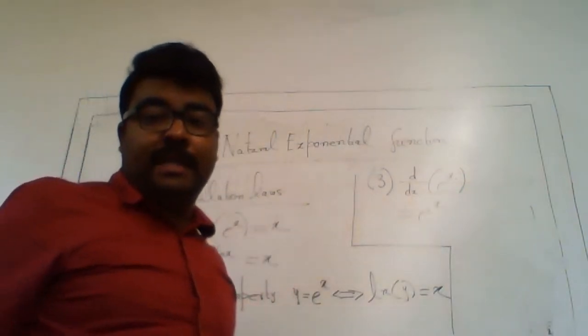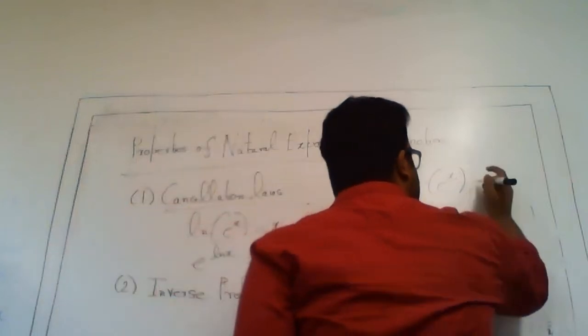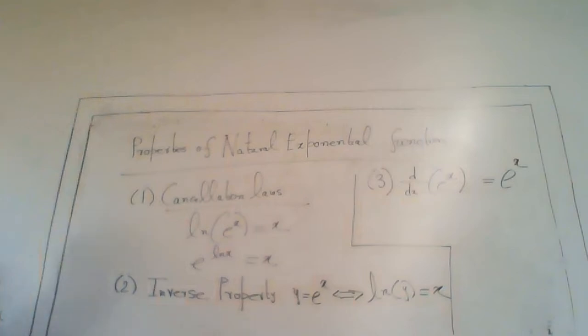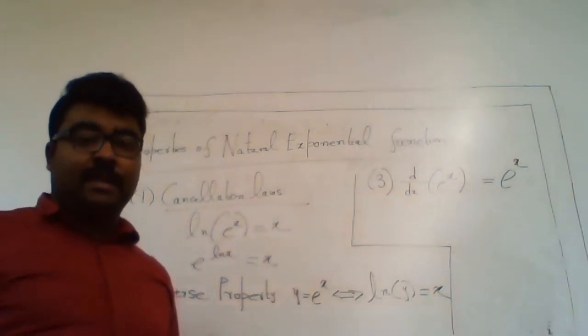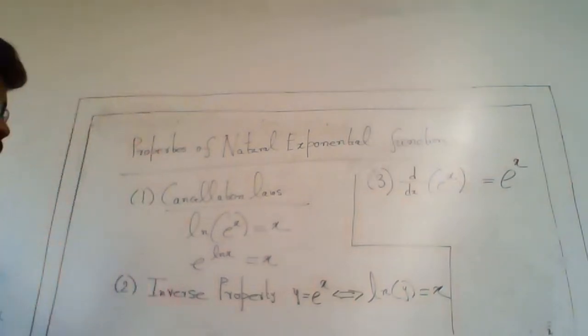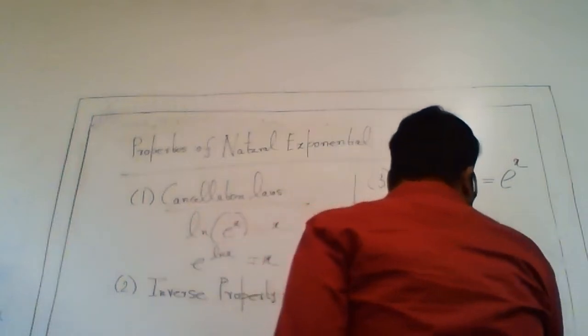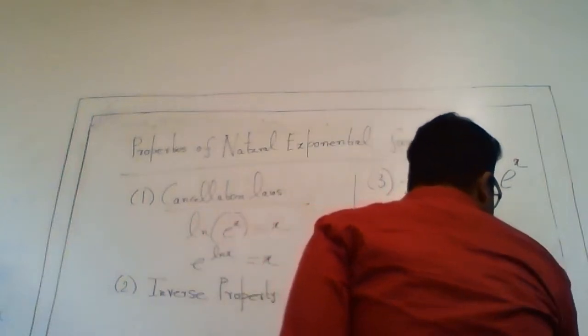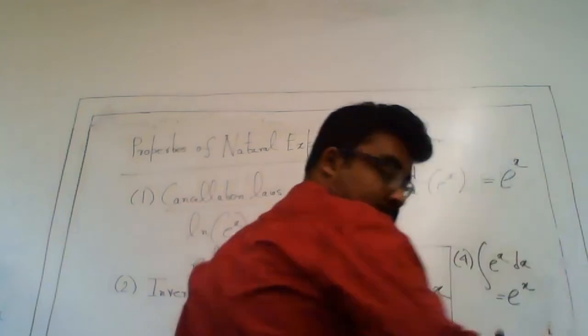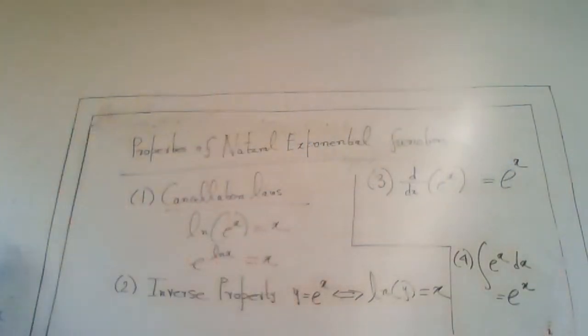So the derivative of e to the power x is equal to e to the power x. And the last one is the integral of e to the power x dx, which is also e to the power x. This is the last property. So these four properties have to be used in solving the problems.